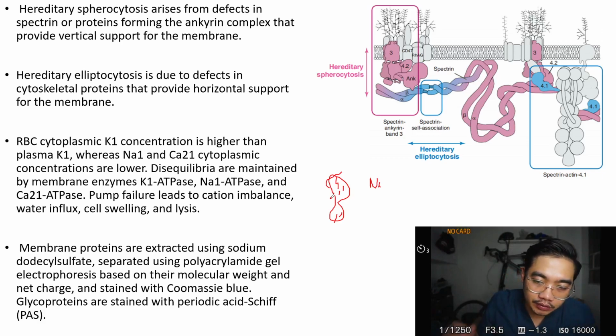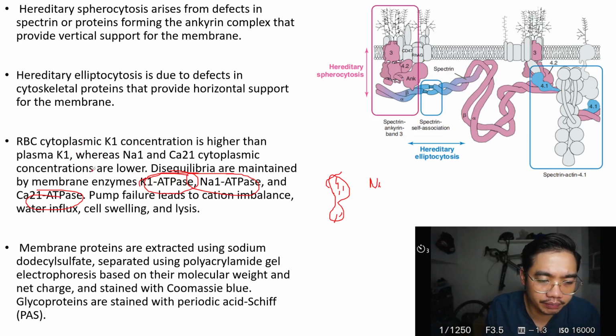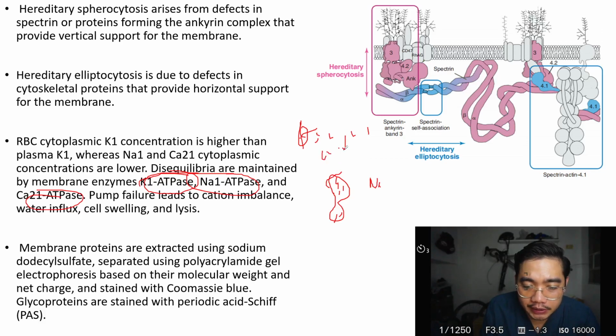So this sodium potassium ATPase, and the calcium ATPase, although calcium is to a lesser degree, more of potassium and sodium, are very important in maintaining the osmotic gradient and the cation balance.